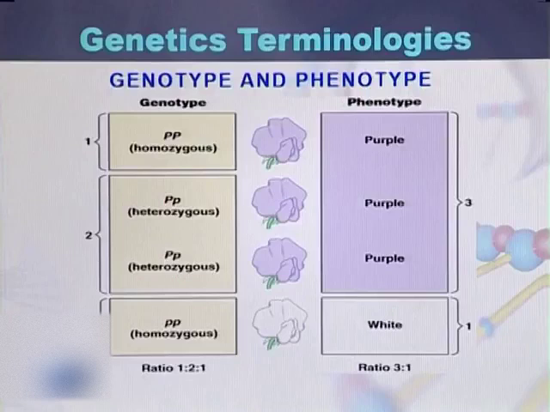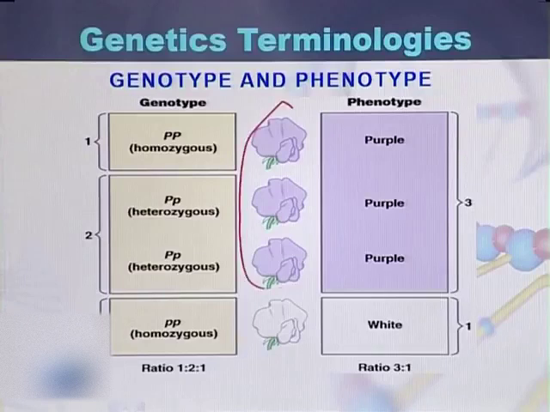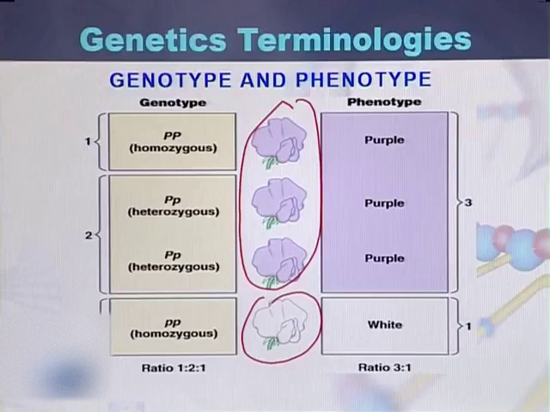If we take here the example of genotype and phenotype, in terms of phenotype there are three purple color flowers and one white color flower. So these are phenotypes, purple color and white color.